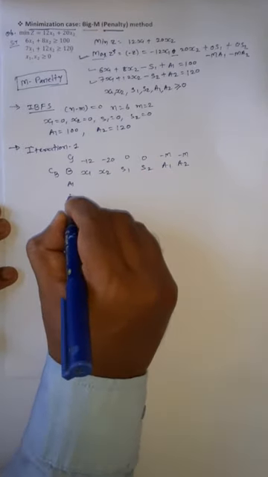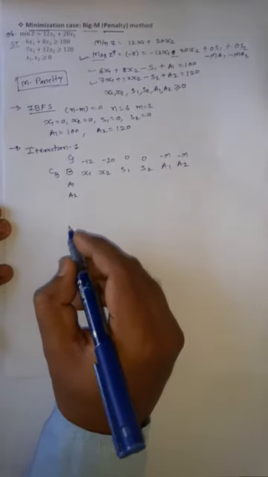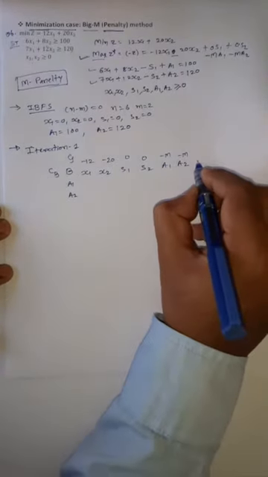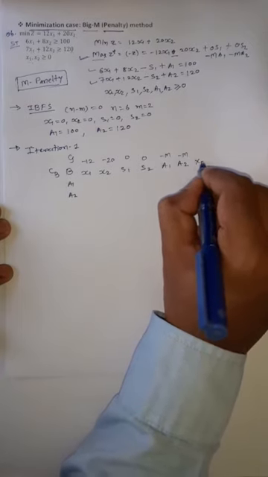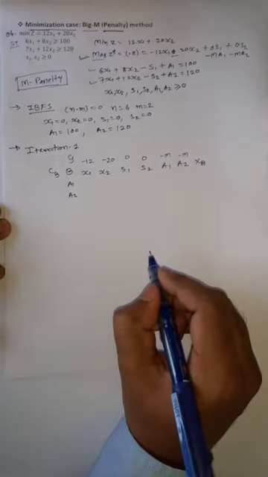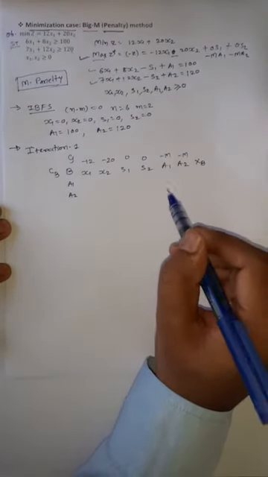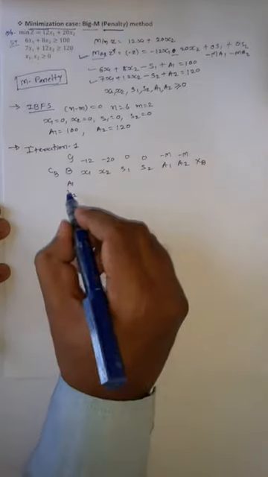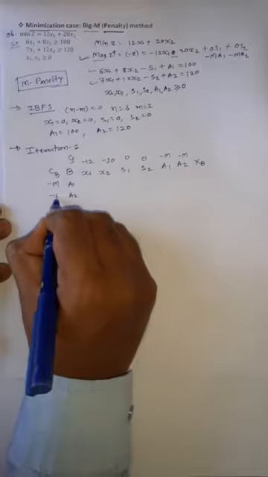So a1 and a2 both are considered basic variables here, and on the right hand side the values of these basic variables, which is the xb column. So the value of a1 we will put here, the value of a2 we will put here.